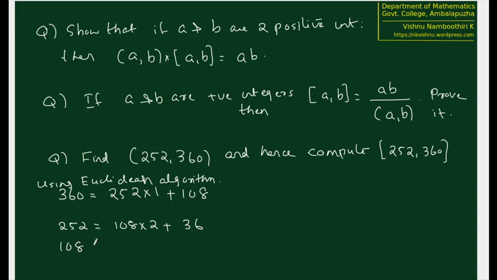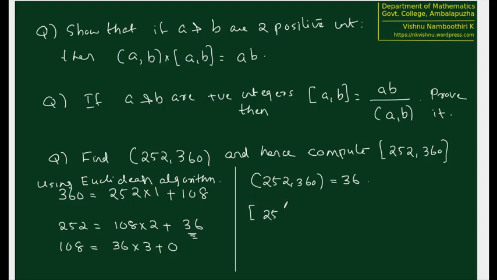Now 108 is equal to 36 into 3 plus 0. Therefore, this is the GCD. So GCD is now found. GCD of 252, 360 is equal to 36.